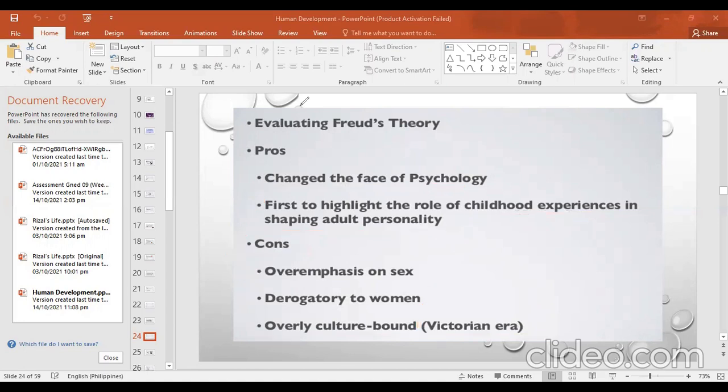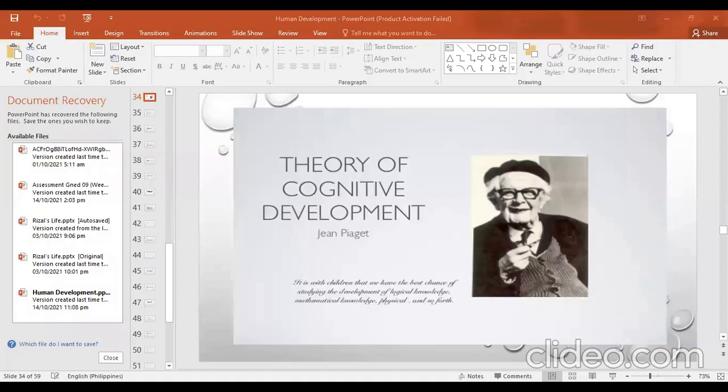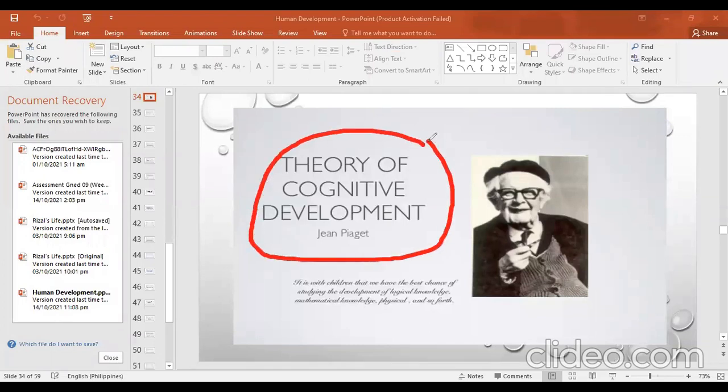So, next tayo. So, Theory of Cognitive Development by John Piaget. So first, John Piaget is a Swiss psychologist na naging famous for his work on child development and his theory on cognitive development.